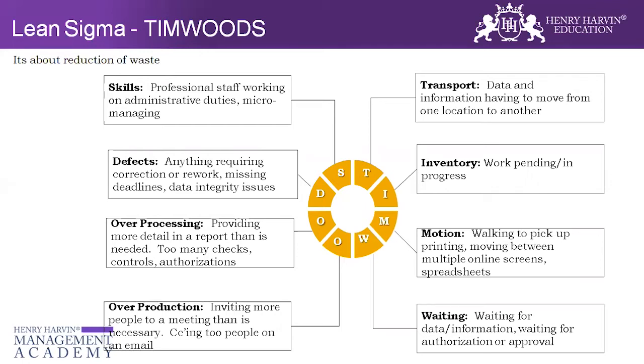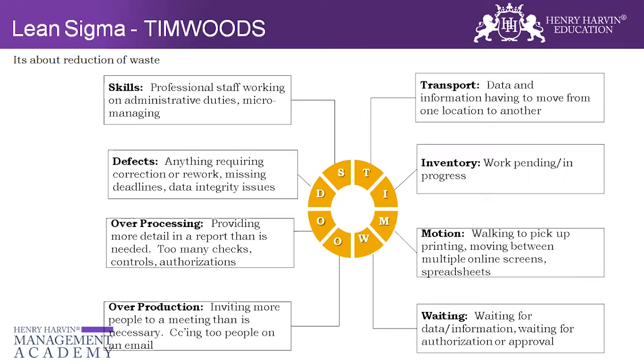Motion, when there is a lot of to and fro within the process. So the difference between transport and motion is, transport is unnecessary to and fro from one process to another, and motion is a lot of unnecessary movements within one process. So just the scope, or geographically, differentiates transport and motion.